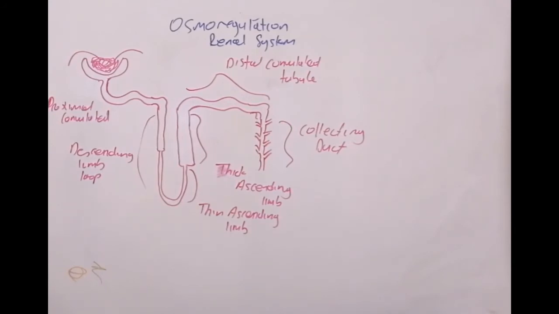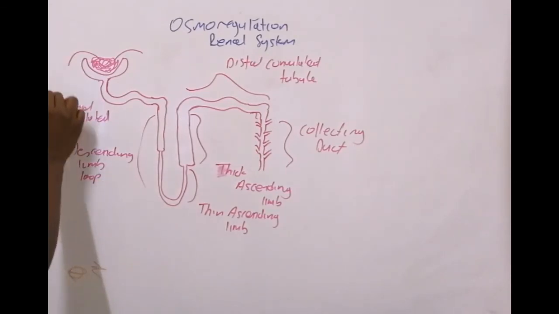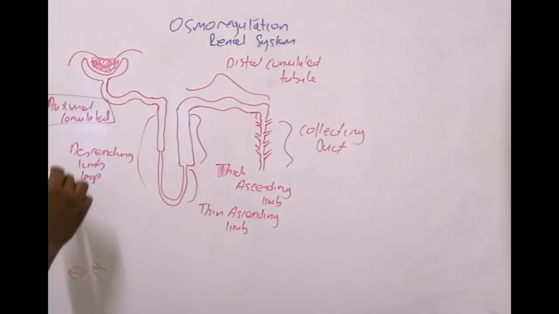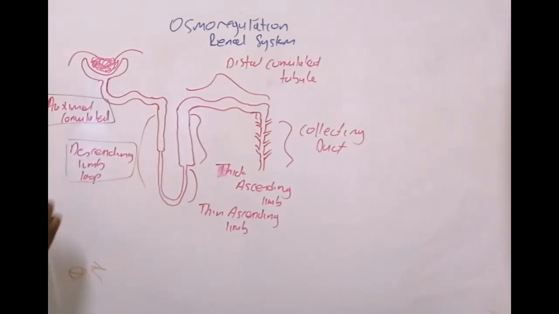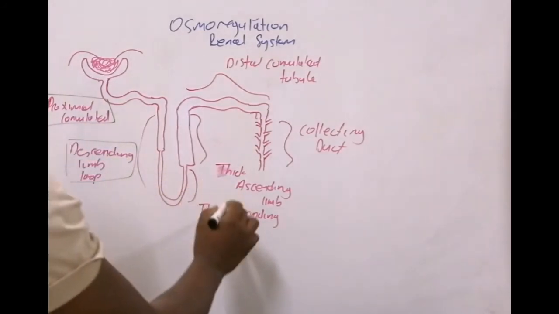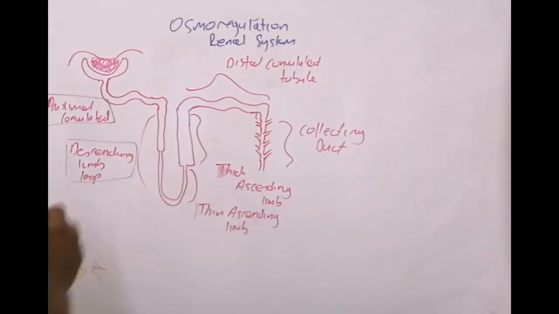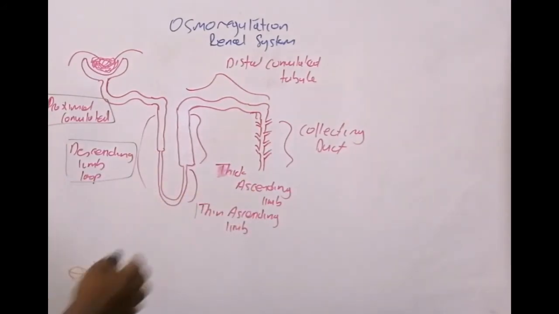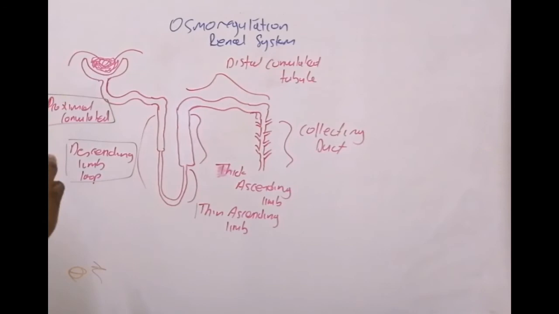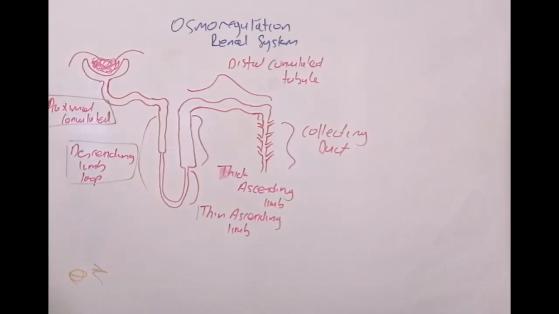So here we have the proximal convoluted tubule, the descending loop of Henle, and the thick ascending limb, which is important because there are drugs that work on the thick ascending limb only. Then there are drugs that work on the collecting duct. There are drugs that work on the distal tubule as far as the diuretics are concerned, right?